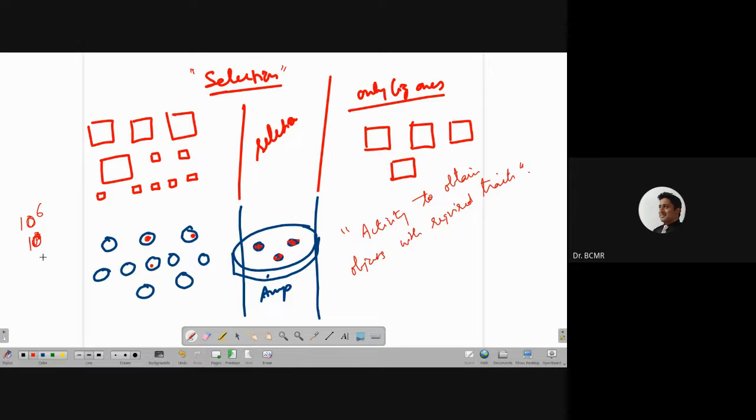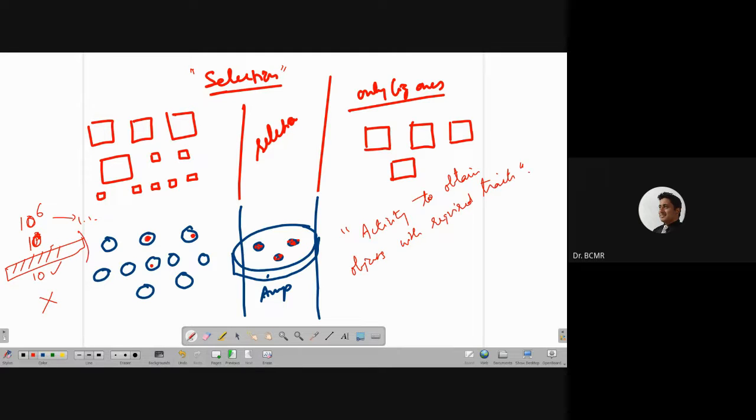How can we select them? You can't take one cell at a time and see whether the plasmid is there or not. That's a very difficult procedure. Instead, we can have a selection procedure where the 10 will grow and the rest of the cells would die.